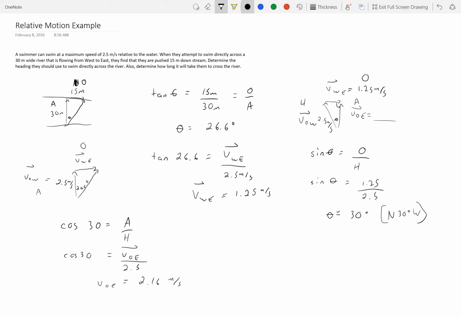We're assuming that you're swimming at a constant speed here, so we can use our uniform motion equation that velocity, or average speed, is equal to distance divided by time, recognizing that the river is 30 meters wide, as stated here. We're interested in the time, and the actual speed that we're going across the river with here is 2.16 meters per second. We can solve for time.